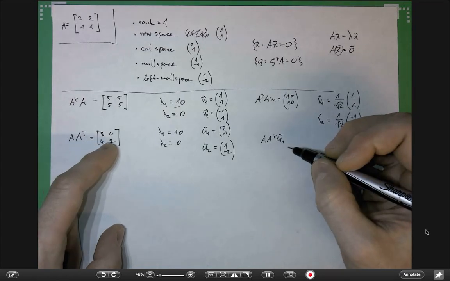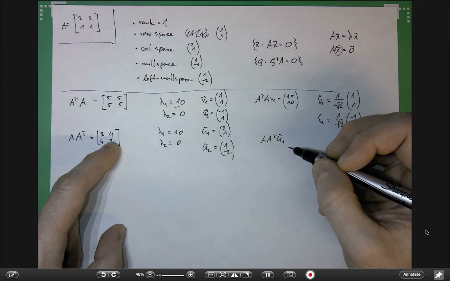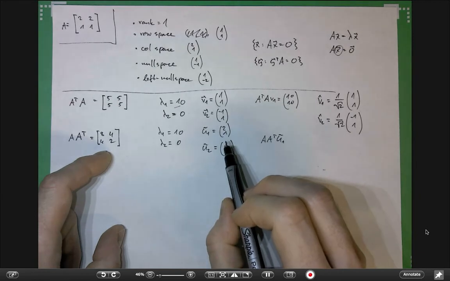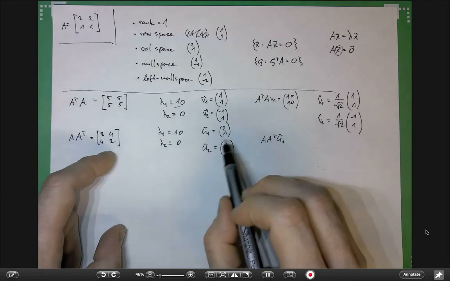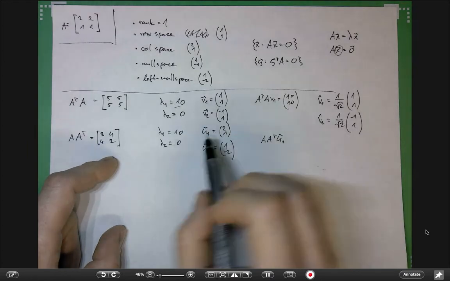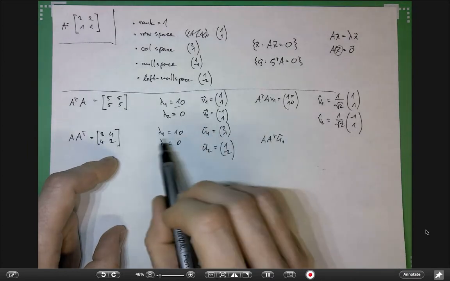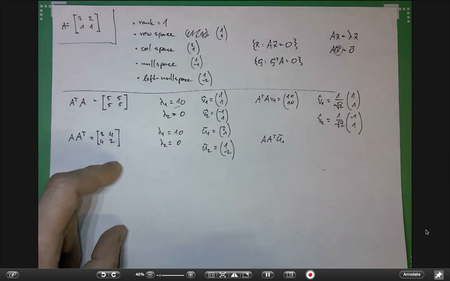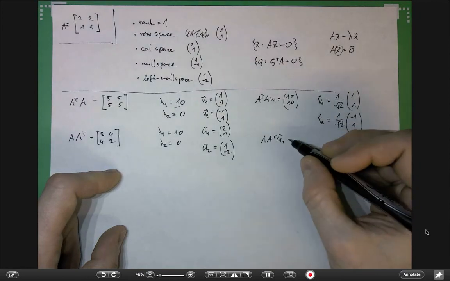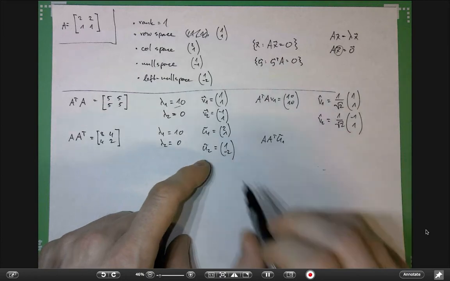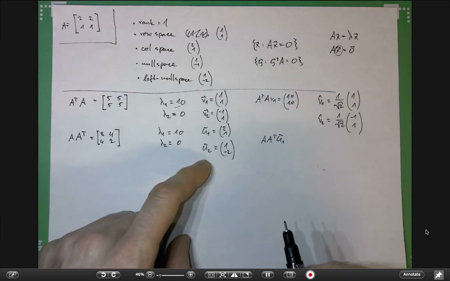I get 16 plus 4 is 20, which is good because it's 10 times 2. And here I get 8 plus 2 is 10, which is also good because it's 10 times 1. So I'm just verifying that U1 tilde is indeed the eigenvector of A A^T with eigenvalue 10, just to make sure I didn't make some mistake. I guess I should check also U2, but let's just trust it.